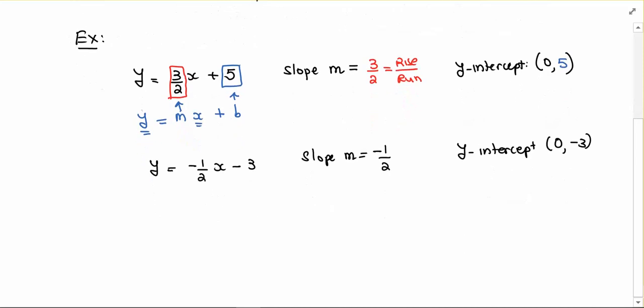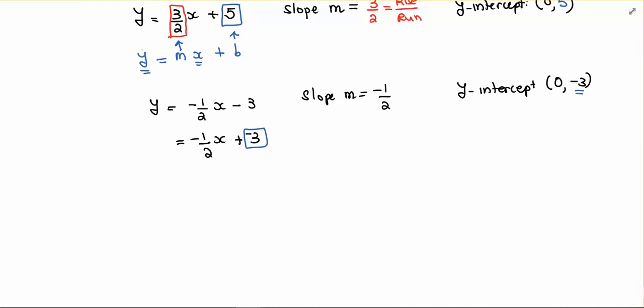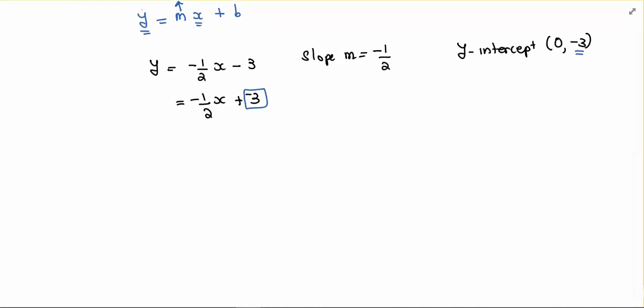Now, some of you may be saying, wait a minute, there is no plus sign there, but understand that a subtraction is like adding a negative, right? So now you can see how this is what you get there. So be careful though, it has got to be in the y equals mx plus b form.